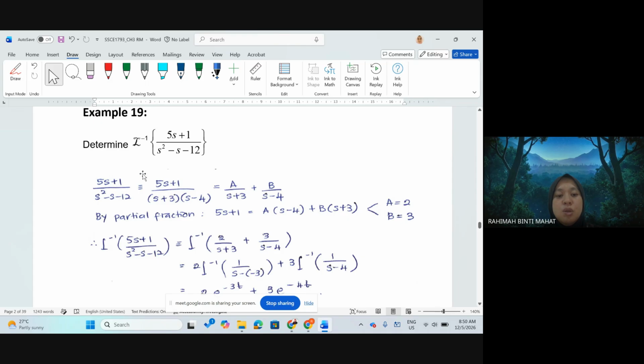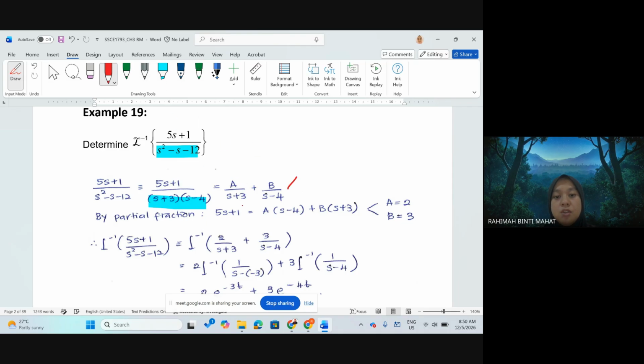If you try to factorize the denominator first, by using the factorization, you get s plus 3, s minus 4. Then separately you do A over s plus 3, plus B over s minus 4. We write into this form.